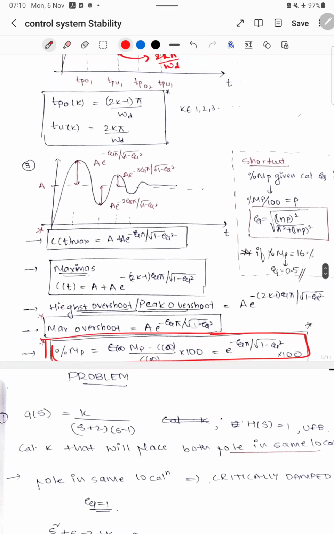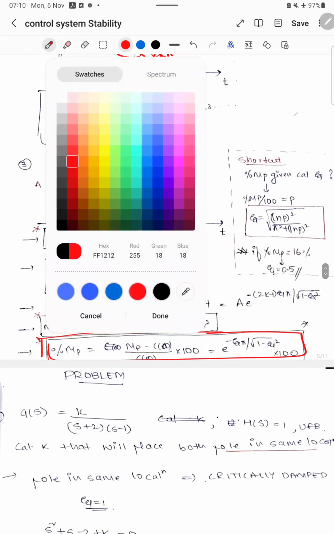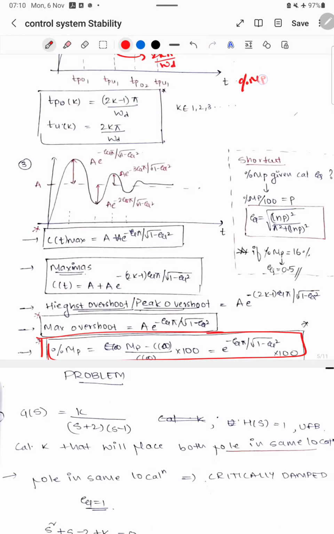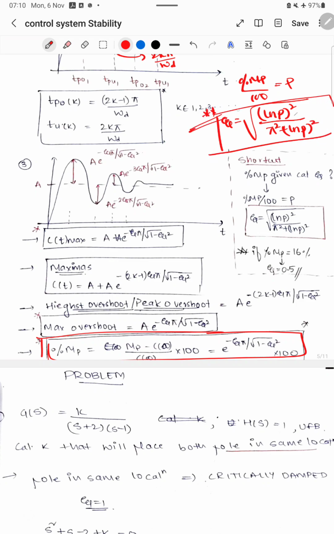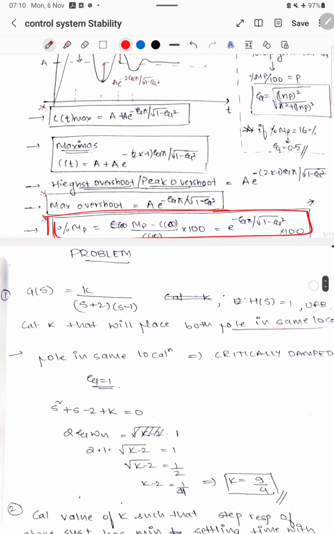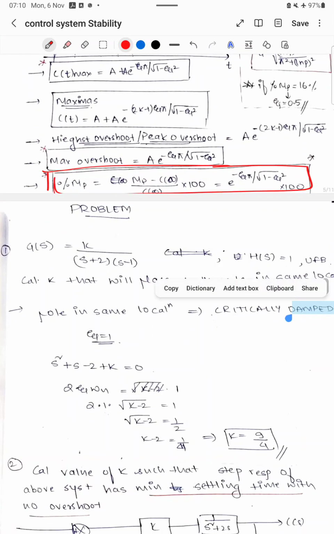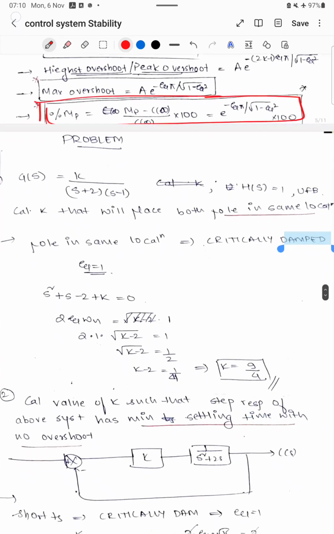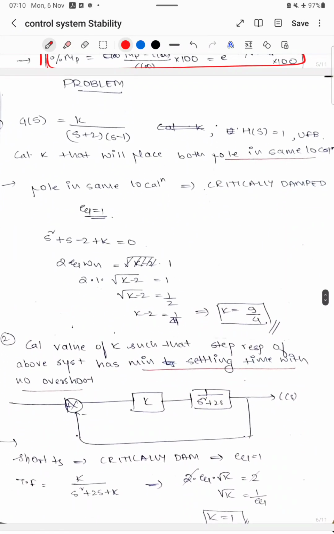Okay, one of the shortcuts to remember is if percentage Mp is given, you will just divide it by 100 and call it p, and zeta is nothing but root of (ln p) whole square upon pi square plus (ln p) whole square. It is as simple as that. Okay, so that is it. And one more thing, whenever peak overshoot is given as 16%, this is a frequently common question, zeta is nothing but 0.5.